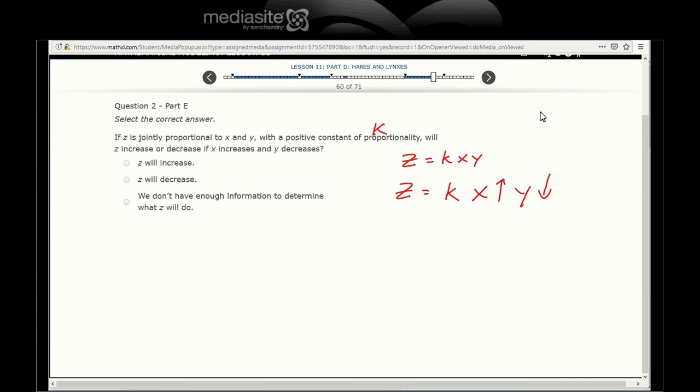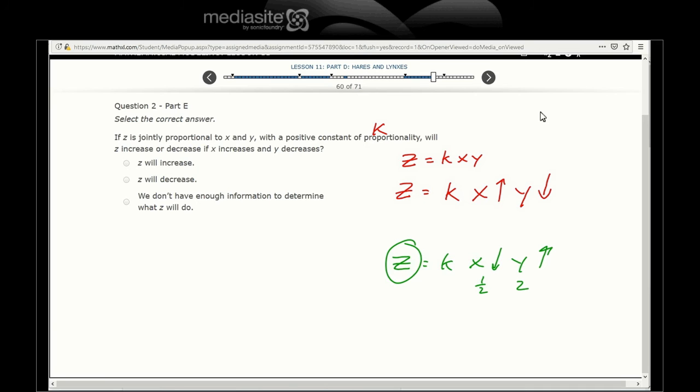Now we did have an example where this happened. Actually, what we had was x decreased, y increased. Earlier, we had a sample where x went down by a factor of 2, but y went up by a factor of 2, and z had no change.